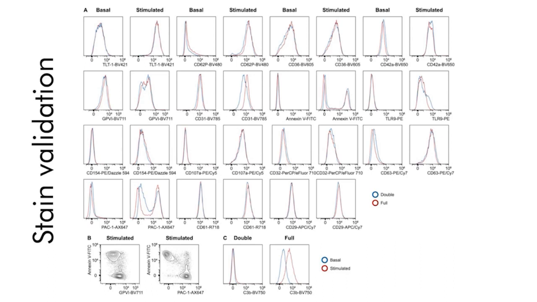And this is because the complement C3b pathway requires the presence of a complement fixing antibody, such as an IgM antibody, and none of these antibodies were present in the double stain, but 2 such antibodies, CD36 and PAC1, were present in the full stain, and so this allows us to detect agonist stimulated changes in C3b deposition.